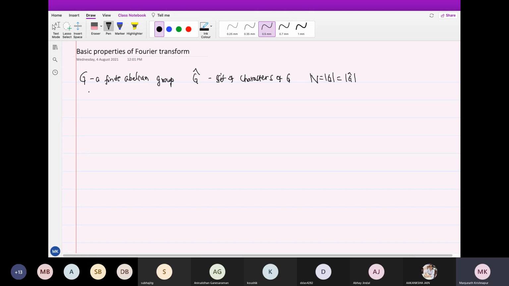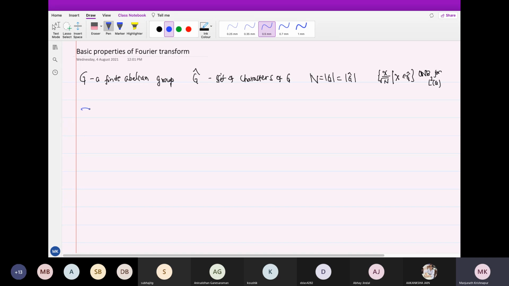And the other statement is that chi over root n is an orthonormal basis for L2 of G. So here is another view of the characters.